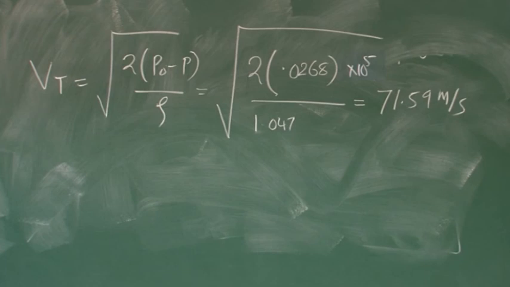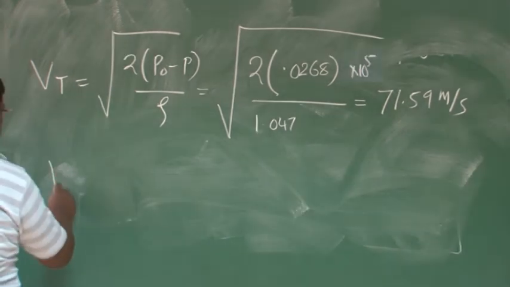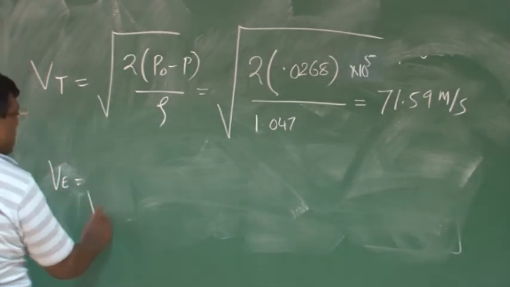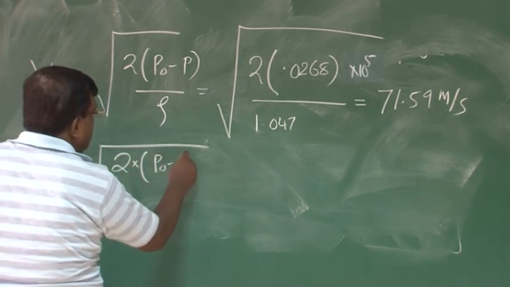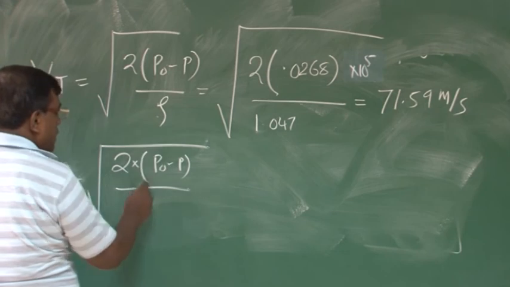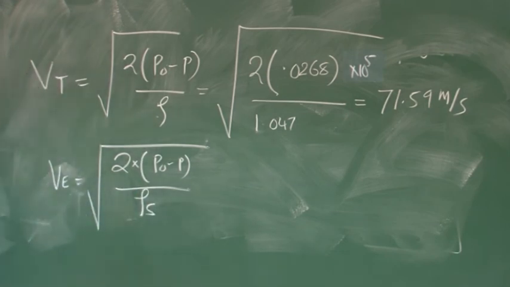Now let us find out the equivalent airspeed. What will be the equivalent airspeed? That will be the same thing, 2 into P naught minus P, but instead of rho, it will be rho S, the sea level standard value of density. So what is the message?